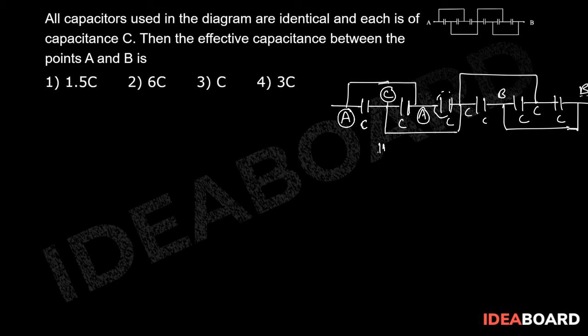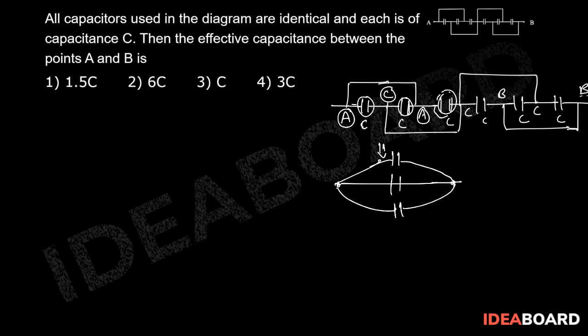So that means if you want to draw the equivalent circuit diagram for these points, we have point A and C, and between A and C there are 3 capacitors, as you can see in the diagram, right? One capacitor, second capacitor and third capacitor.